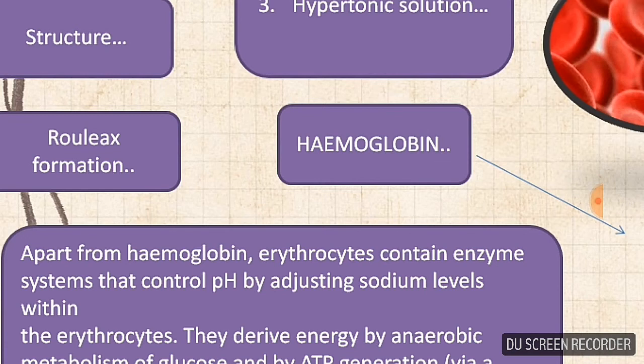So heme is an iron containing porphyrin, and to this the globulin is attached, and this globulin contains different polypeptide chains, mainly four polypeptide chains. Depending upon whether adult or fetal, the hemoglobin changes, and the different types of hemoglobins are present mainly due to these different kinds of polypeptide chains. Fine.